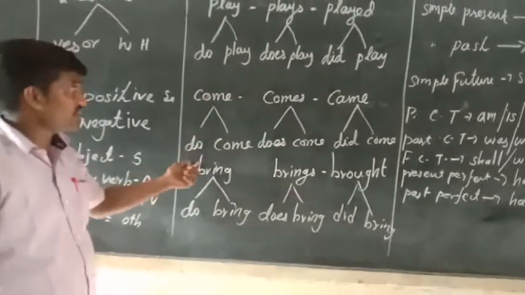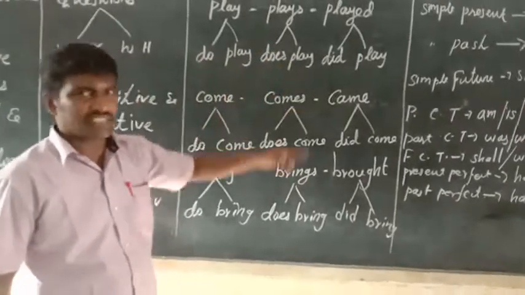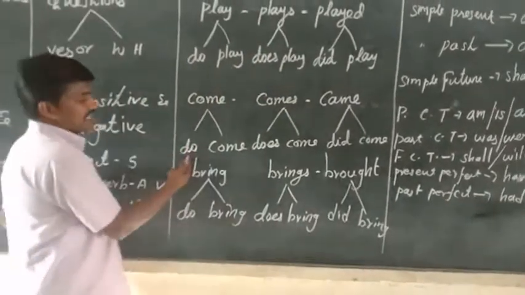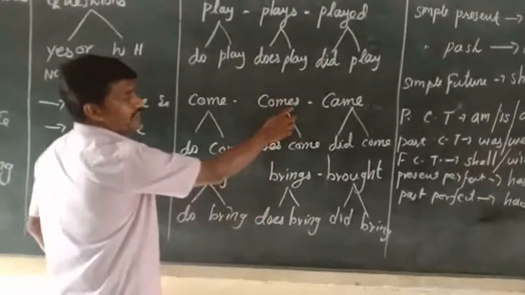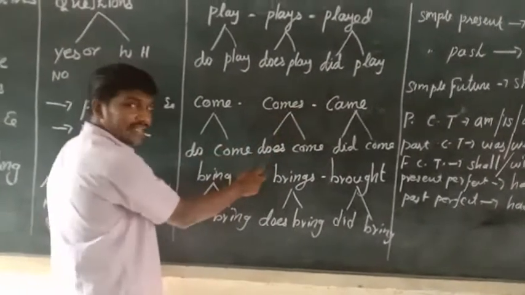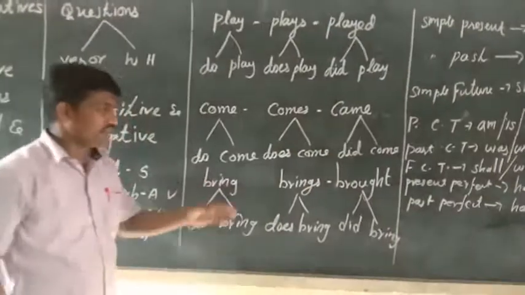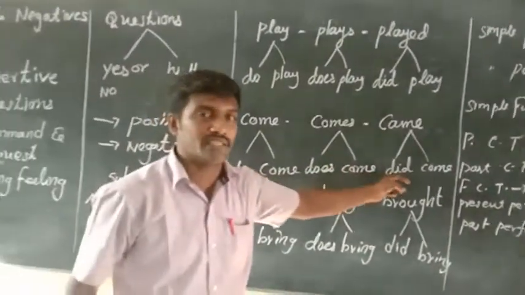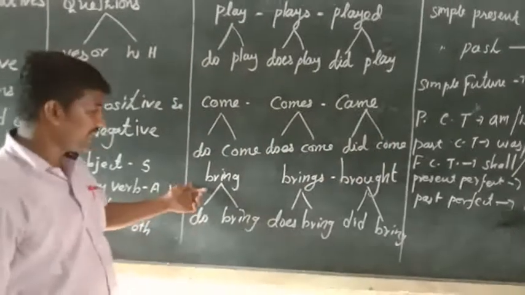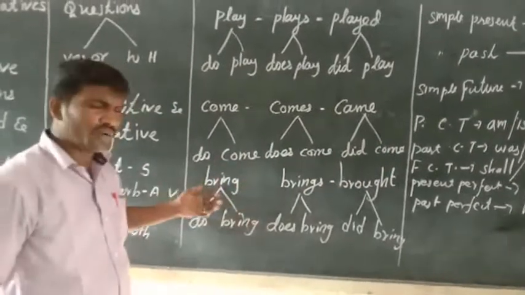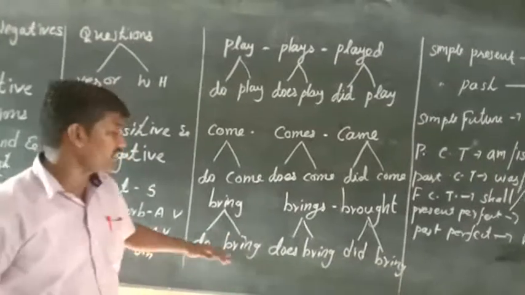Do is the auxiliary verb, does is the auxiliary verb, did is the auxiliary verb. When you find the third person, you have to bring does. When we use the past verb form, we use did and verb 1. Another: bring, brings, brought. You have to write like this, and it will help you bring the auxiliary and the main verb.